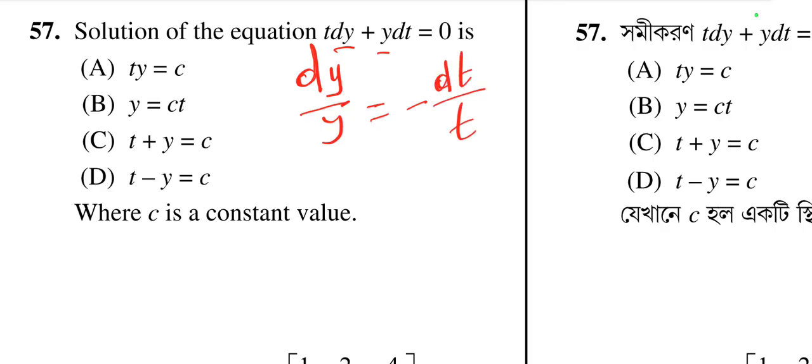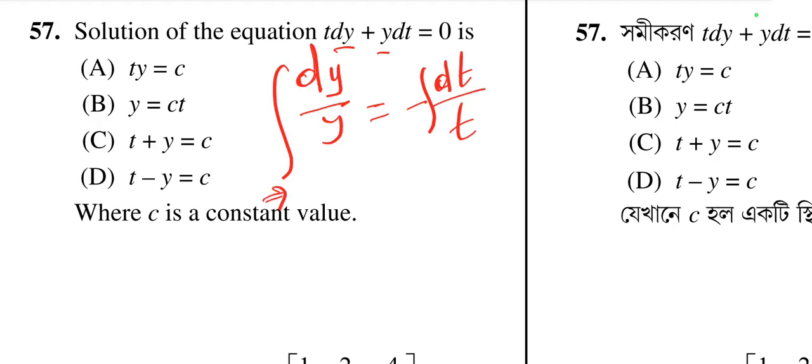Just solve the equation dy by y is equal to minus dt by t. Then just integrate both sides. So integration of dy by y is equal to minus integration of dt by t.